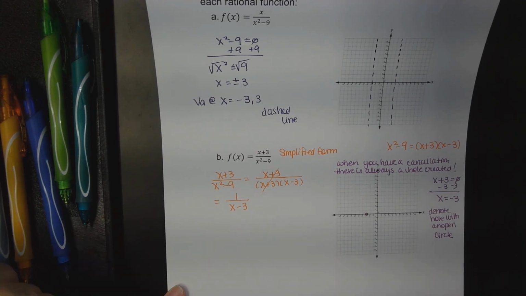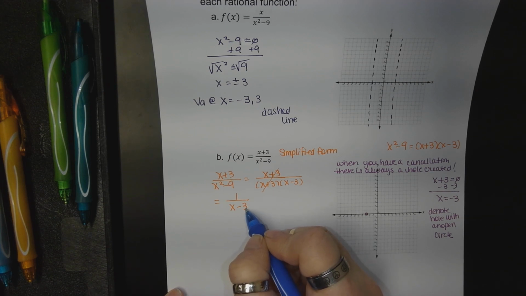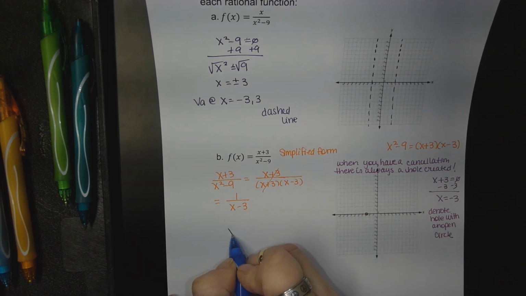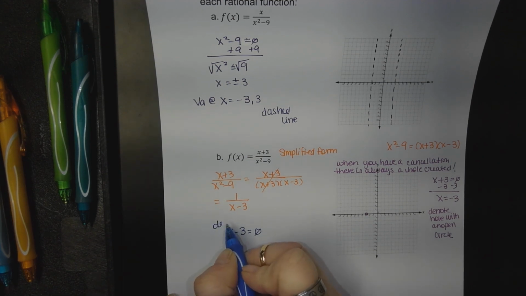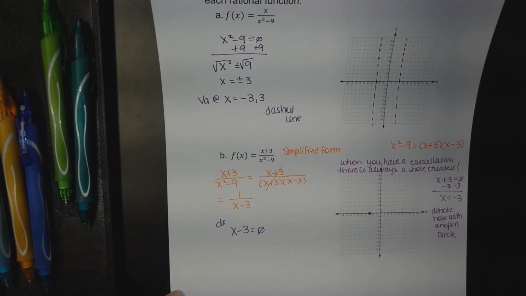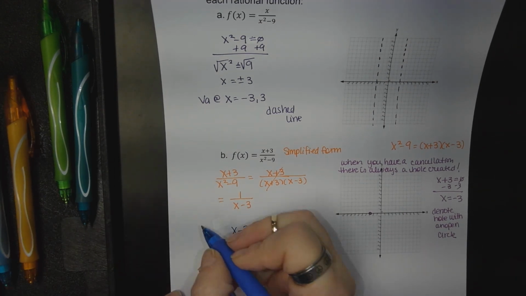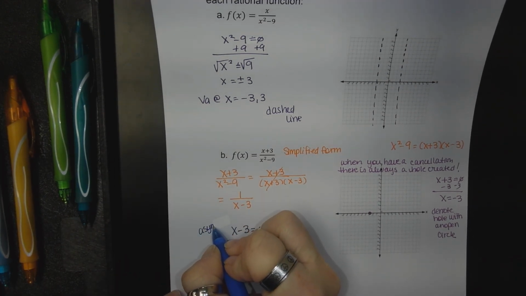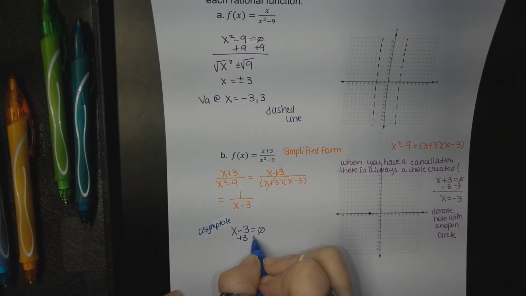Now we're ready to get back to our asymptote. So let's jump back over here to our asymptote. We're going to set our denominator equal to 0. This is not our denominator, this is our asymptote, is what we want to say. So then we add 3 to both sides.